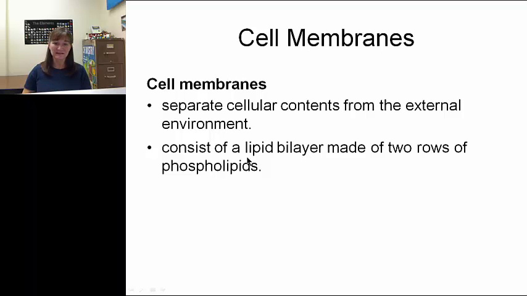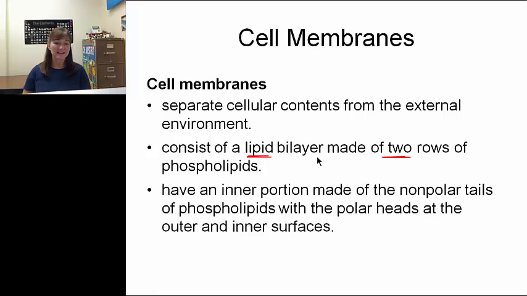So lipids are the number one thing that make up your cell membrane, and to be more specific, it is the glycerophospholipid bilayer. It's made up of two rows of phospholipids, or glycerophospholipids. It has an inner portion made of the nonpolar tails from the glycerophospholipid, with the polar heads on the outside and inside surface of the cell.